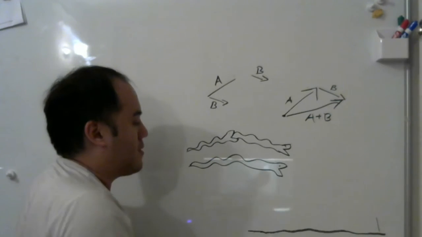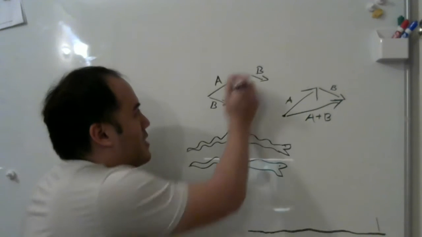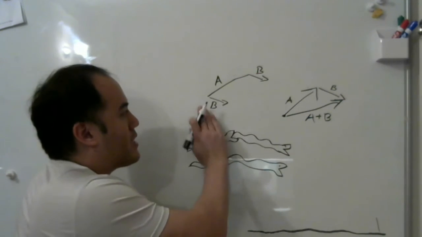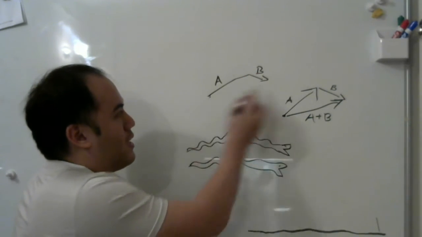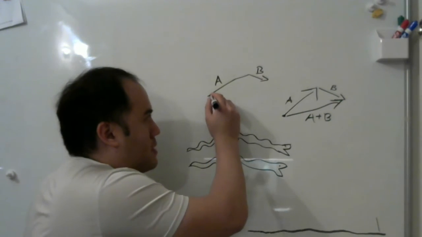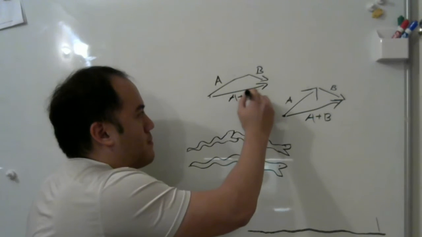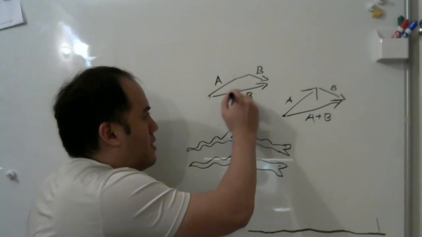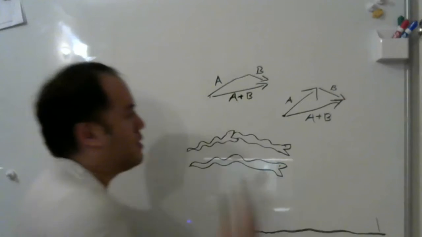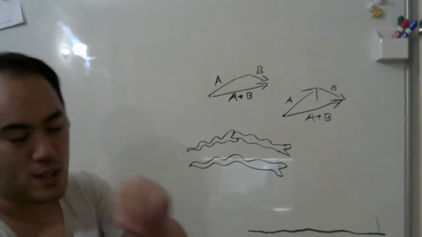They fuse together. They just become snake. Now, this vector has one tail and one head. So from the tail to the head, bam, there is vector A plus B. Pretty straightforward. It's great. The head and the tail just go right into each other.